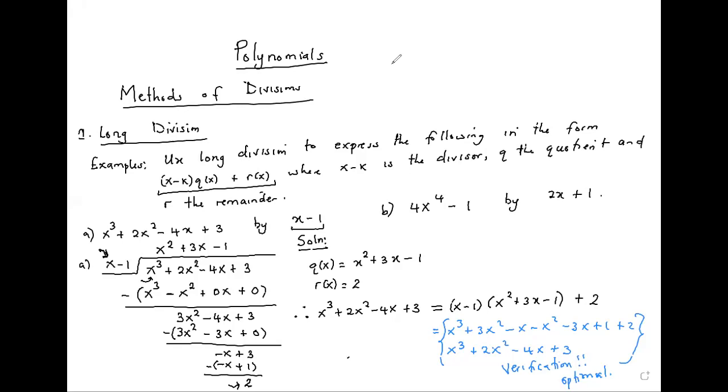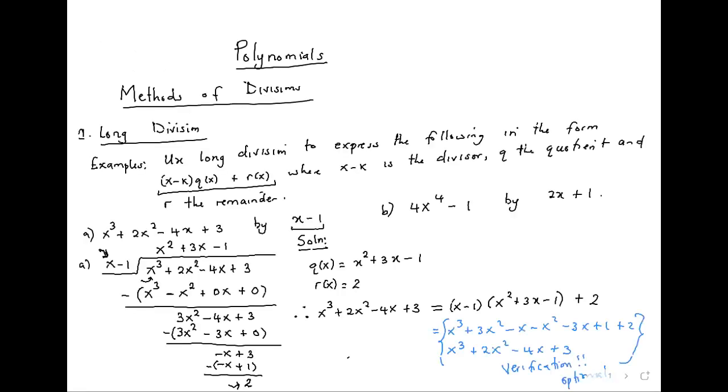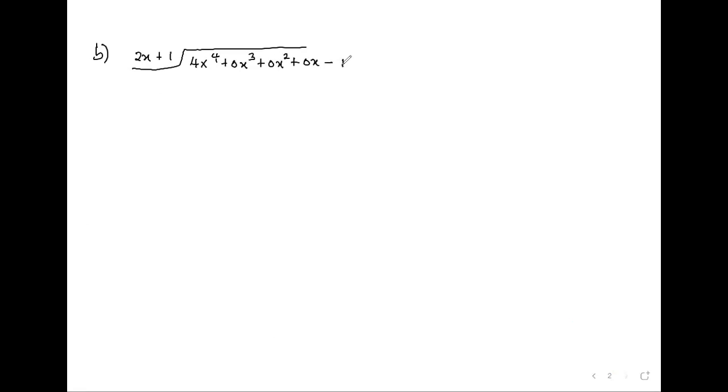B, we put 2x plus 1 here. And then put 4x4 plus 0x3 plus 0x squared plus 0x minus 1.